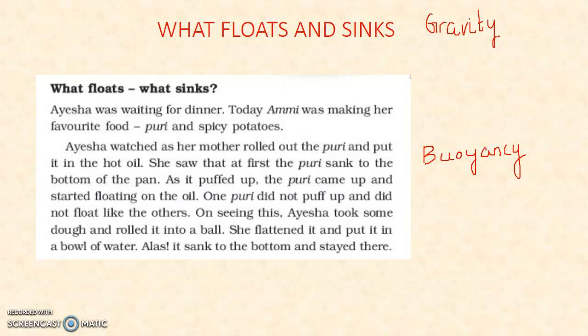It is because of the Earth's gravitational pull, right? Similarly, liquids exert an upward pressure or upward force. This is called a buoyant force. Gravity is from top to bottom, so where is the buoyant force from? It is from bottom to top. So let us look at what are the factors that make an object float or sink.